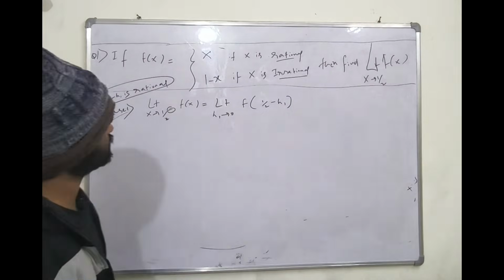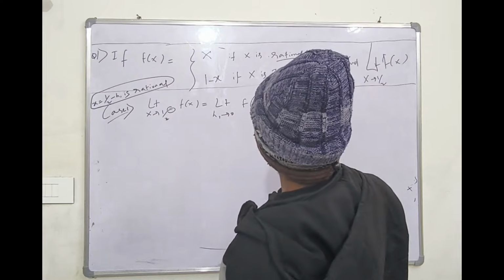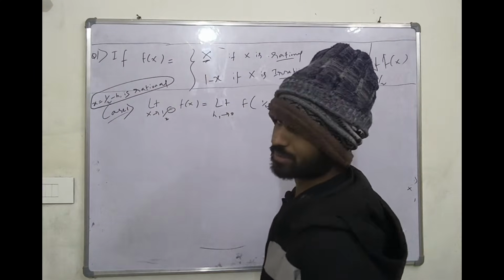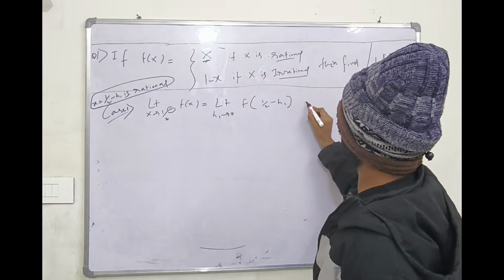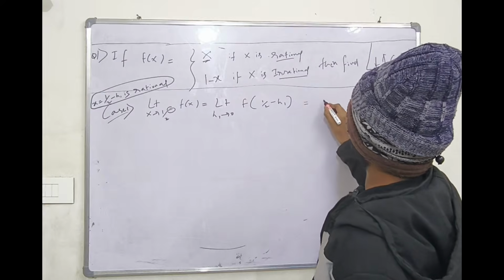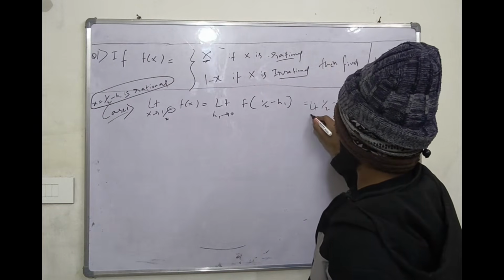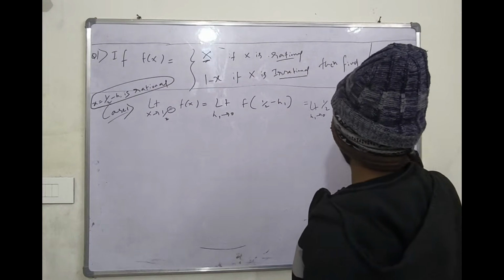When x is rational, what is my function value? It is x only. So substituting, this equals limit h1 tends to 0 of 1 by 2 minus h1. So this value is 1 by 2.